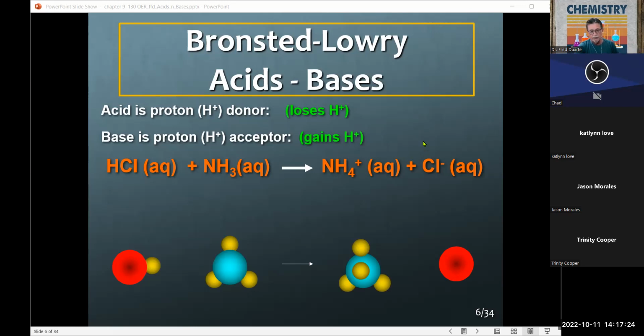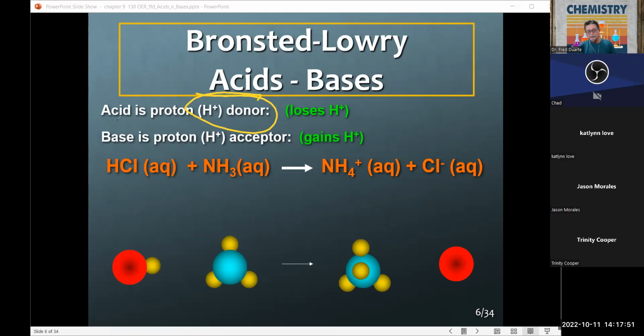The Bronsted-Lowry definition defines an acid as anything that is a proton donor. Well, you think about it, it's like the Arrhenius definition, anything that produces a proton. So in essence, whether they lose it or produce it, they're making a proton in both cases. But the Bronsted-Lowry definition is anything that is a proton donor, okay?